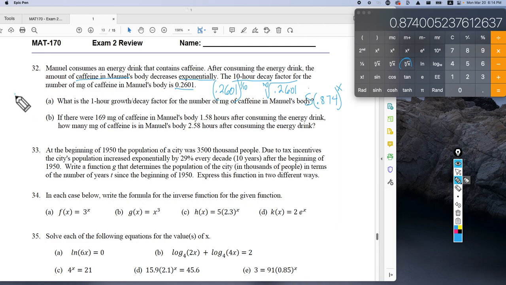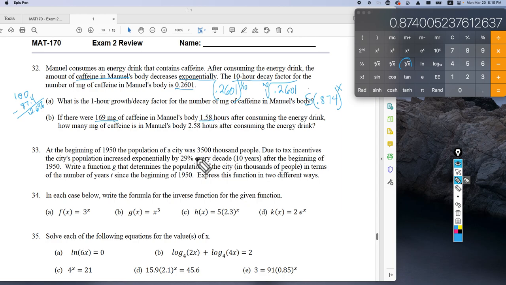Subtracting from 100% minus 87.4, we can see it's going to be a 12.6% decrease per hour.